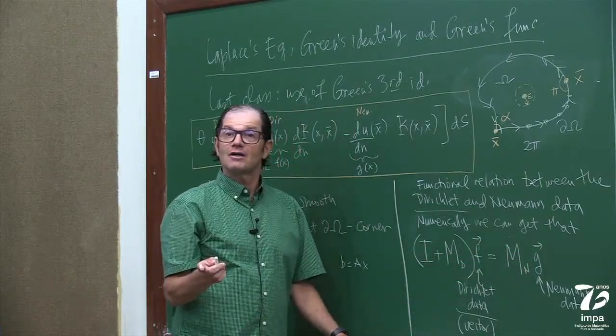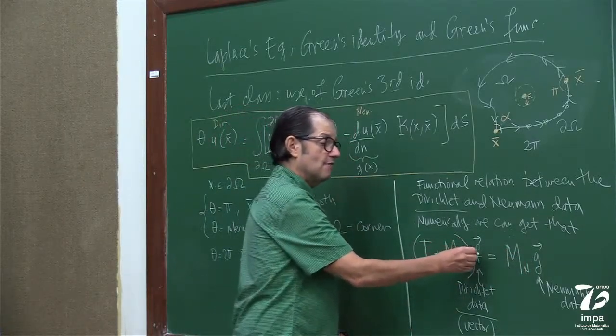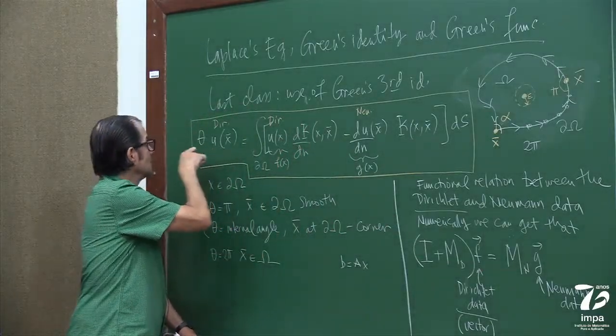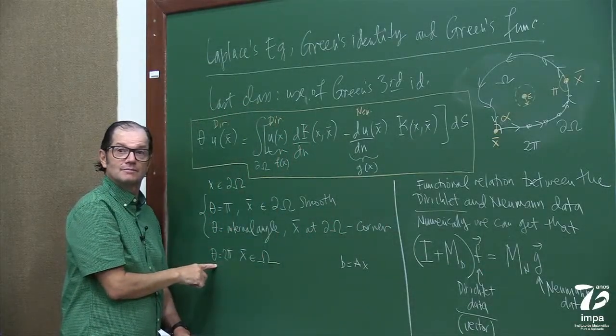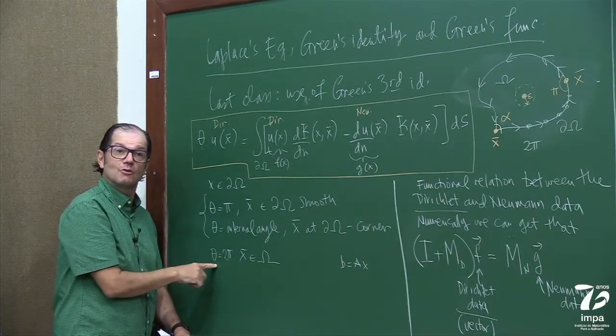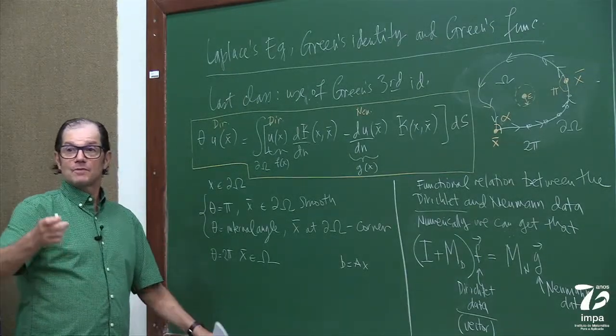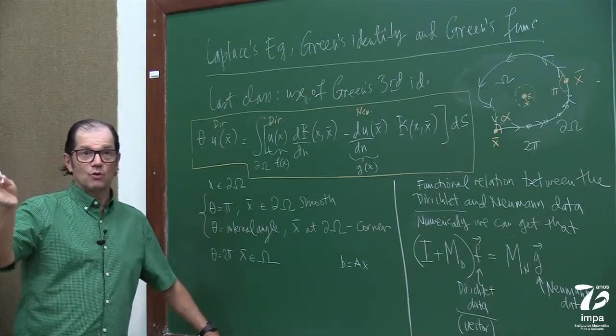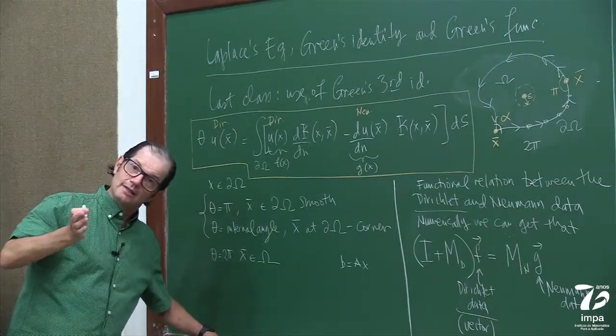And then once I find this, I have both f and g on the boundary. I know my solution inside by putting 2 pi. So this is like a boundary integral formulation. We already know you cannot give Dirichlet and Neumann data at will. If you give me one, I get the other one.